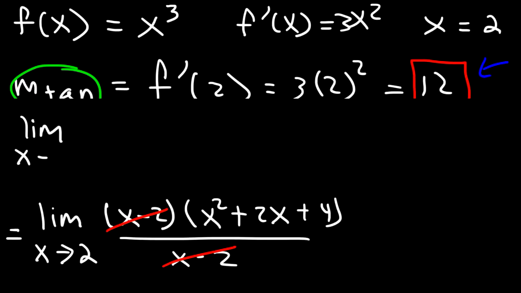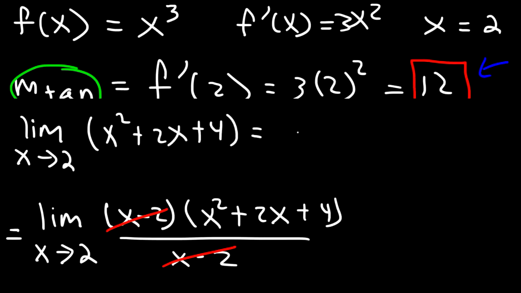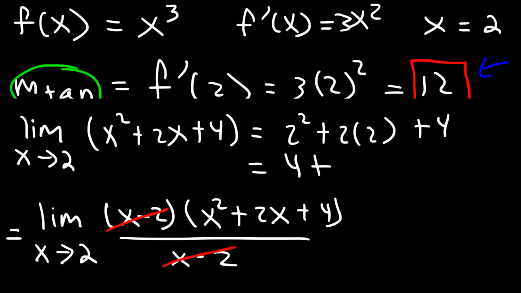So we have the limit as x approaches 2 of x squared plus 2x plus 4. And so it becomes 2 squared plus 2 times 2 plus 4. 2 squared is 4, 2 times 2 is 4. And if you add 4 three times, it's the same as taking 4 and multiplying it by 3, which gives you 12.